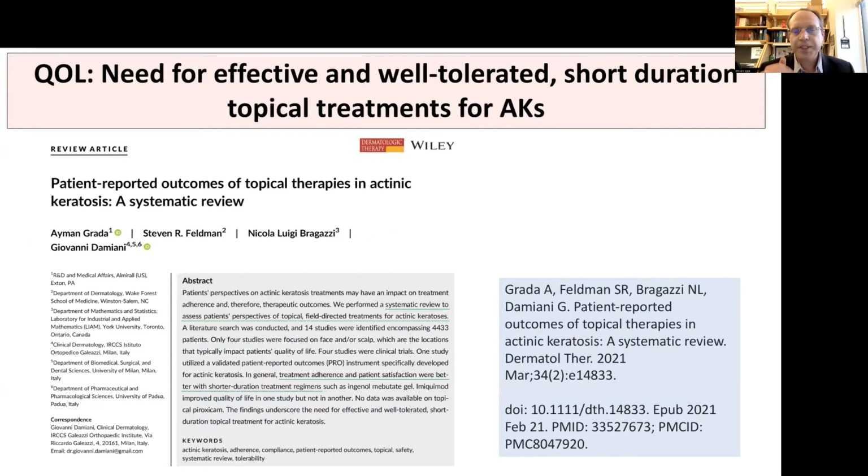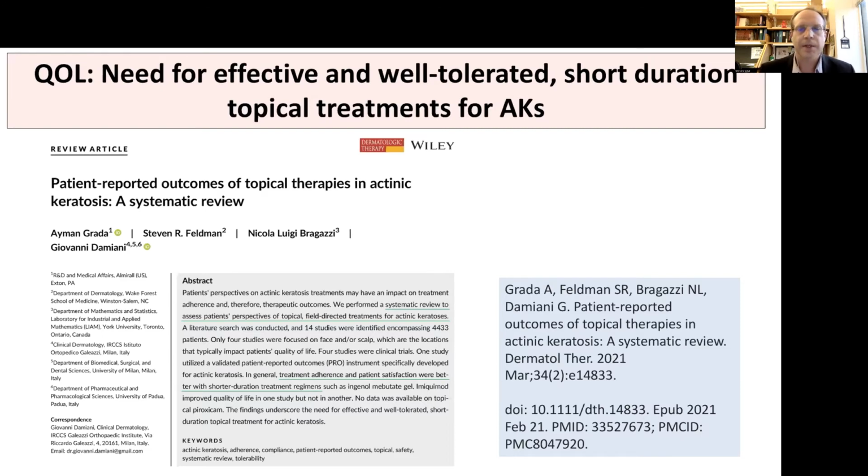So this brings us back to the quality of life issue that I was discussing, and that is that there's a real need for effective, well-tolerated, short-duration topical treatments for actinic keratoses. This is a systematic review that was just published in 2021 that looked at patients' perspectives of topical field-directed treatments for AKs. If you look at the bottom underlined statement in this abstract, they found that treatment adherence and patient satisfaction were much better with shorter duration treatment regimens.